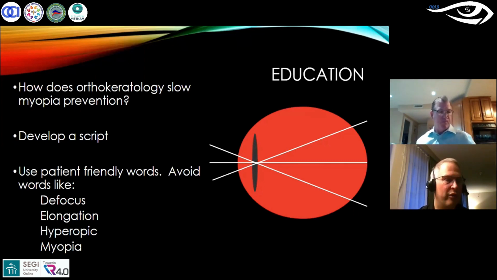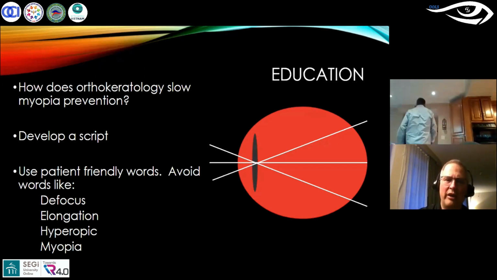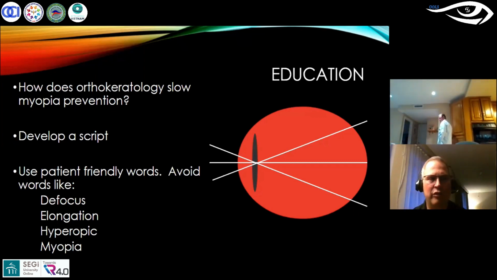We know a large portion of those myopic people are going to have major problems, posterior subcapsular cataracts, and all the things associated with that. But it's important for us to tell people how that works, and you need to describe that to patients. So what I tell them is that in the periphery of the retina, we are pulling the light rays in front of the retina rather than behind it, which discourages the eyeball from getting longer.